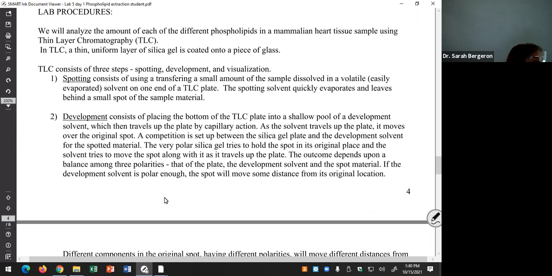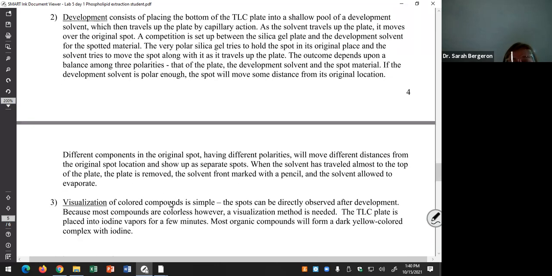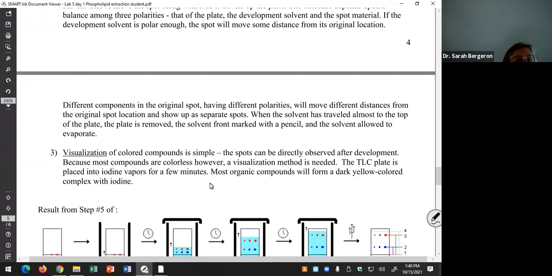So they're amphipathic. So we have some polar, and depending on the head group can make it more or less polar. It will actually interact differently with the solvent, which will make it migrate differently on the plate, right? So at the end, we'll have different spots, and I'm going to show you an example of that.